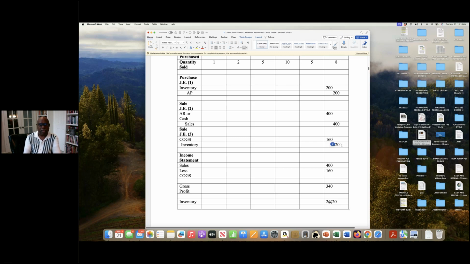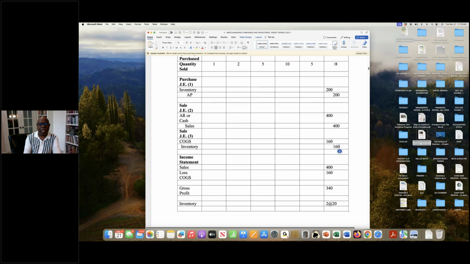The cost of goods sold will be 8 at 20. Okay, so I just put in that 3 something erroneously. So we clear, thank you for that. It's great. Are we clear? Everybody's clear on this.